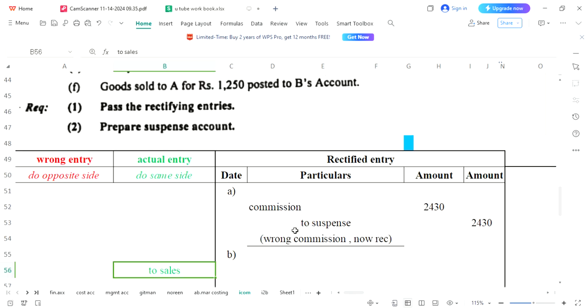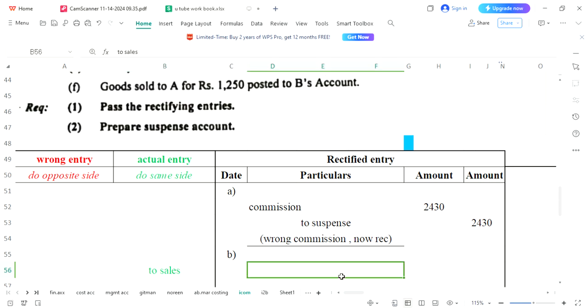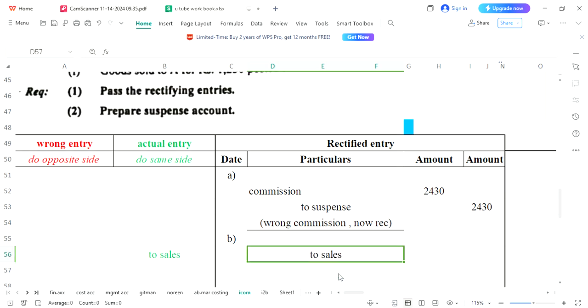It means this has not been written. Again, we will do the same thing. If not written, we will write it to rectify it. There was only one mistake. Sale was required to be written over here. We have not written it. Now to rectify, sale is written on the credit side. Nothing is left to be written on the debit side.